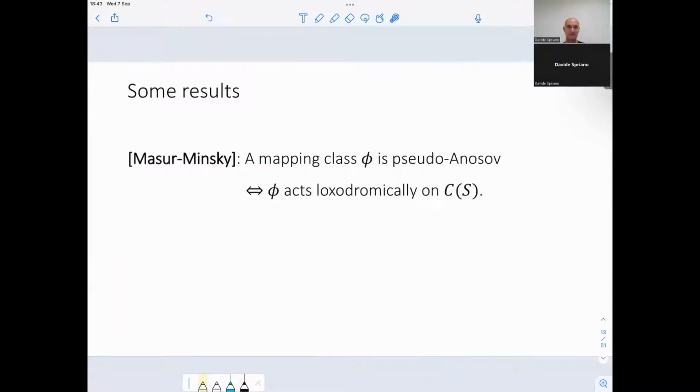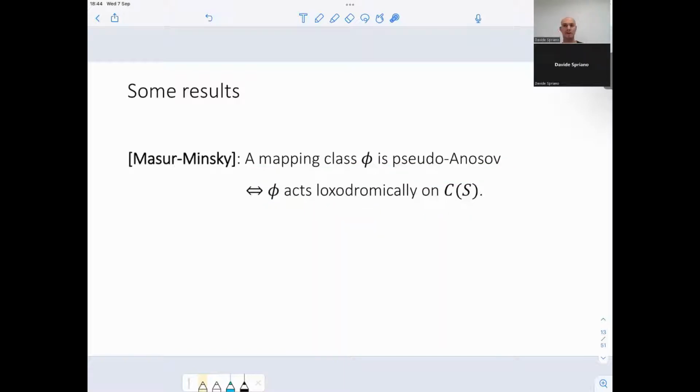Let me recall a very, very incomplete survey of results about the mapping class group. Those are two results I would like to recall. The first one is due to Masur and Minsky: a mapping class phi is pseudo-Anosov if and only if phi acts loxodromically on CS.